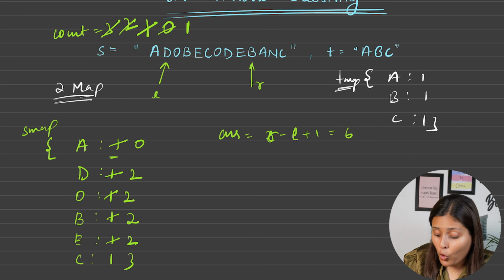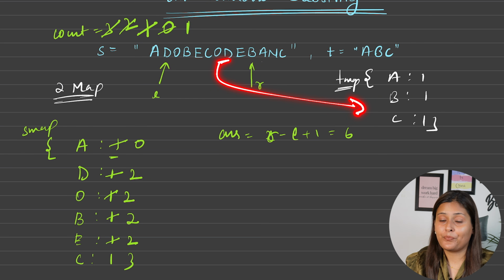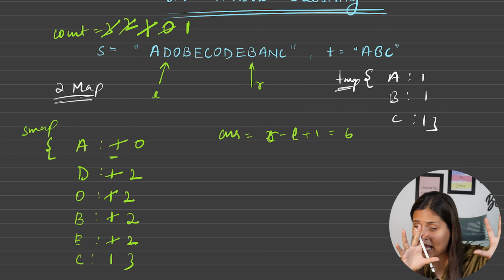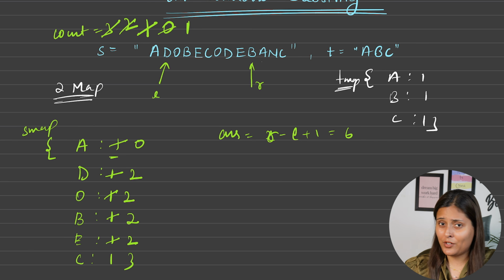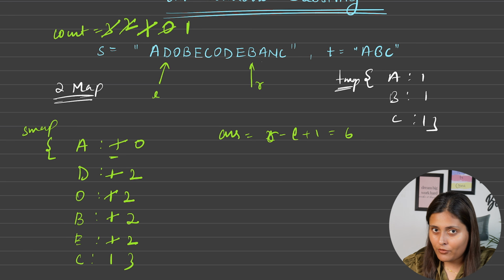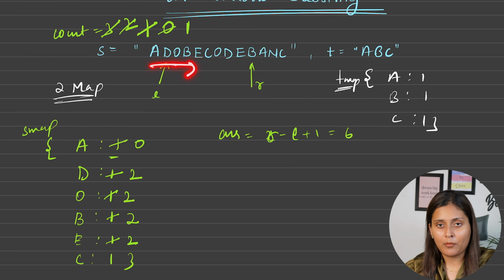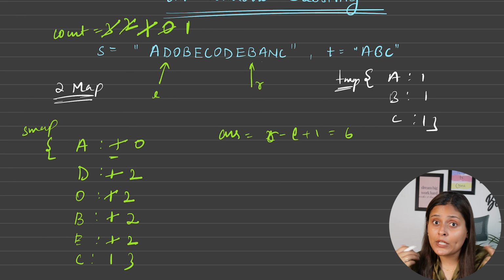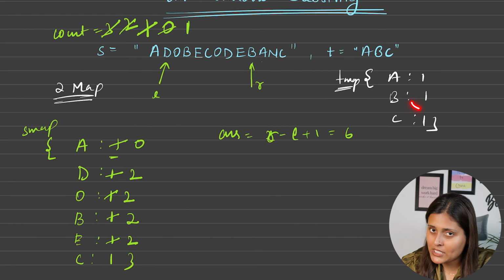So here, only the presence of this character is not enough. The frequency also matters. And that's what is very important, because earlier if I had shared this, you would have been confused. So earlier what we did, if it is present, we will increase, and whenever L shrinks, it will decrease. But there is one more condition to increase or decrease the count, and the condition is that the required frequency was 1.